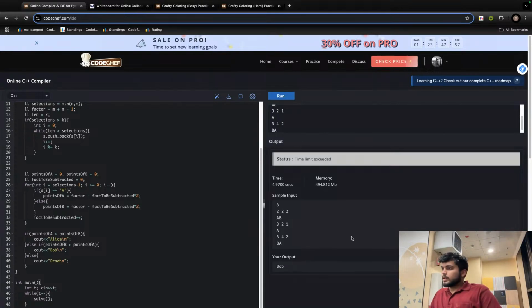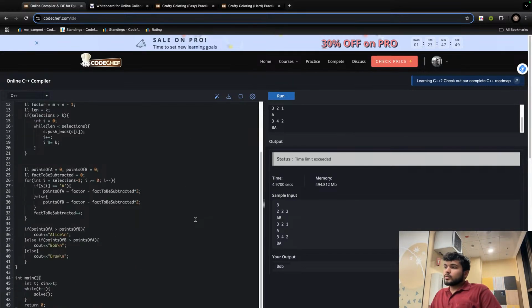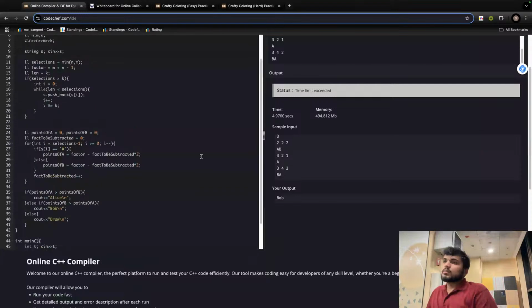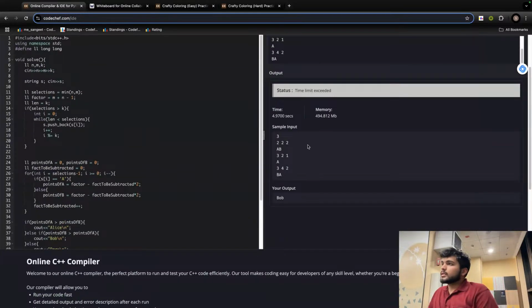No, clearly, because this is an IDE, it has nothing to do with the question, and still it says that the time limit is exceeding, which means that we have done something wrong.